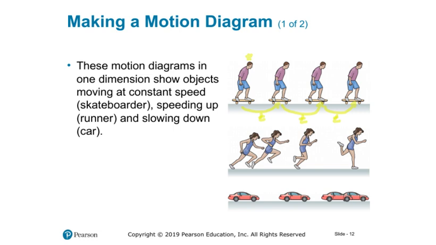And we can see how much distance this guy travels, and we can guess how it is moving. Is it moving with constant speed? Speed each time is the same. Is it increasing speed or decreasing speed? As we see, this first guy, the skateboarder, should have a constant speed, because he is traveling an equal amount of distance in an equal amount of time. That's how we will use a motion diagram to guide us.